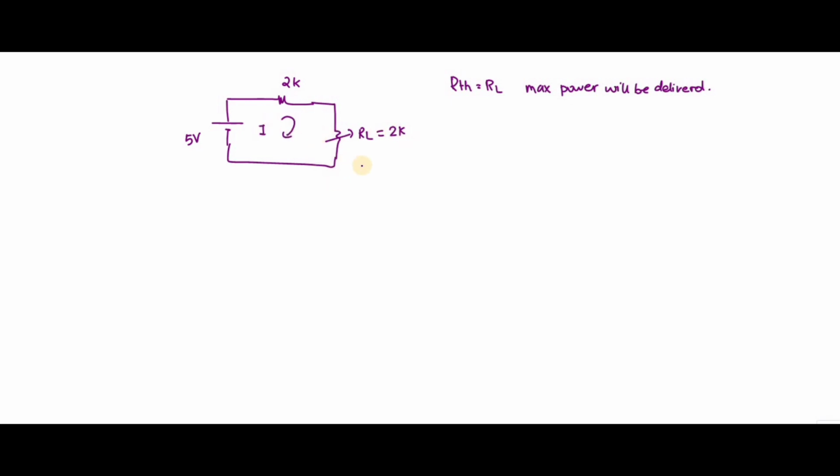So what is the value of I? I is equal to 5 divided by 4K. 5 divided by 4 is 1.25 milliamps. So I can square this value and I have to multiply it with 2K, right?